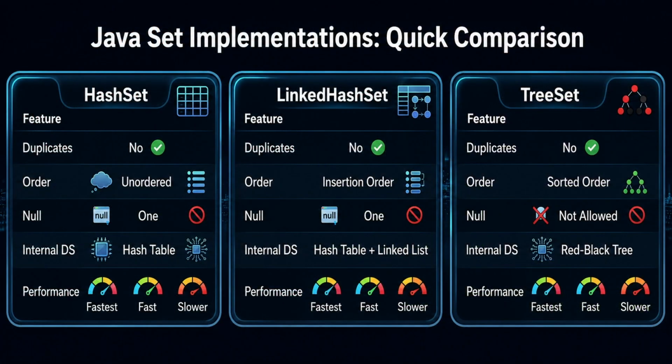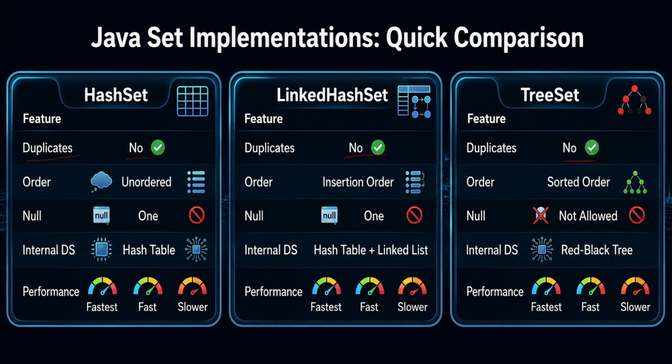So let's quickly compare all the implementation classes of the Set interface. We know HashSet, LinkedHashSet, and TreeSet. The first point is duplicates. Since all these implementation classes implement the Set interface, and the Set interface has the property that no duplicates are allowed, only unique elements, duplicates will not be allowed for all three.